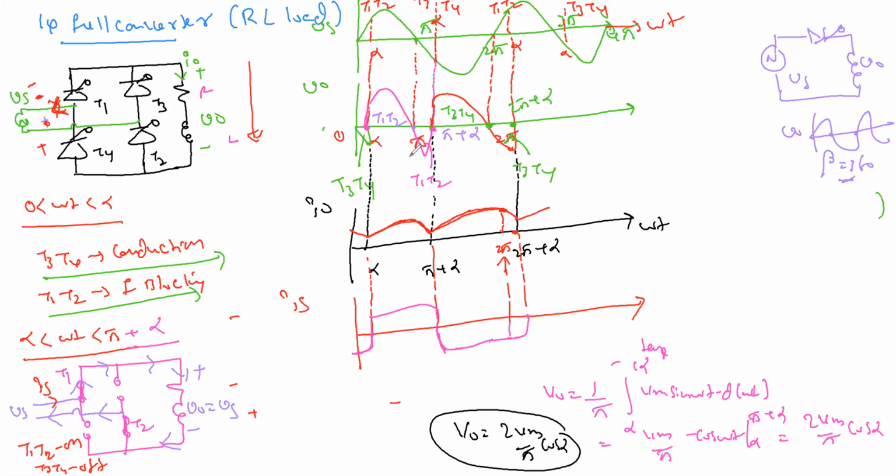So there is no negative voltage, but the current is continuous. There is no change in the current. So let me show here now with the freewheeling diode. Just I'll draw one more picture here. I'll show here now with the freewheeling diode.